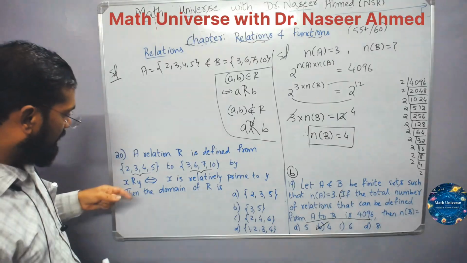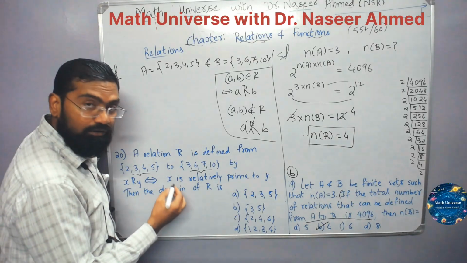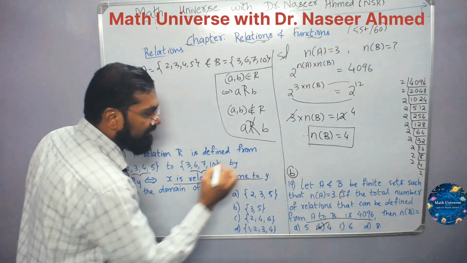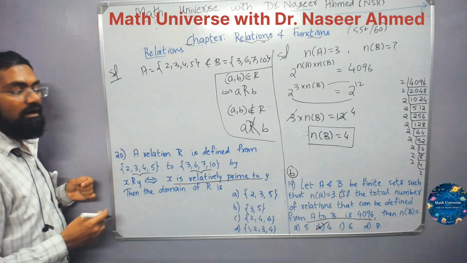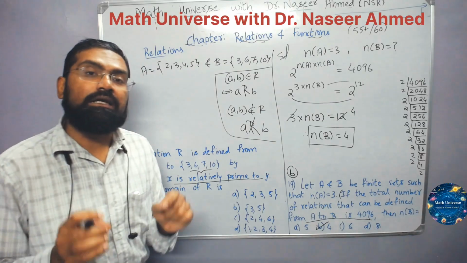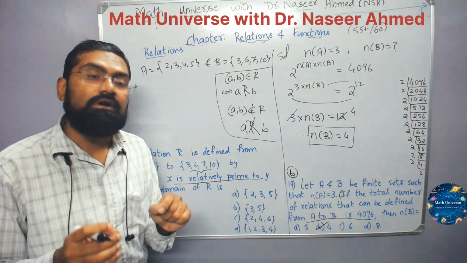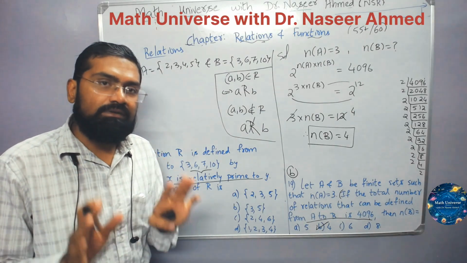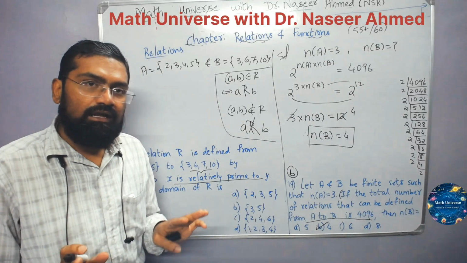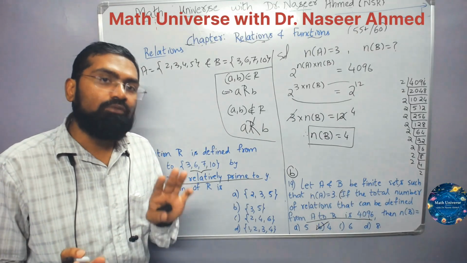Now the condition is that X is relatively prime to Y, and we need the domain of R. A prime number is any number divisible only by 1 and itself, and it should be more than 1.